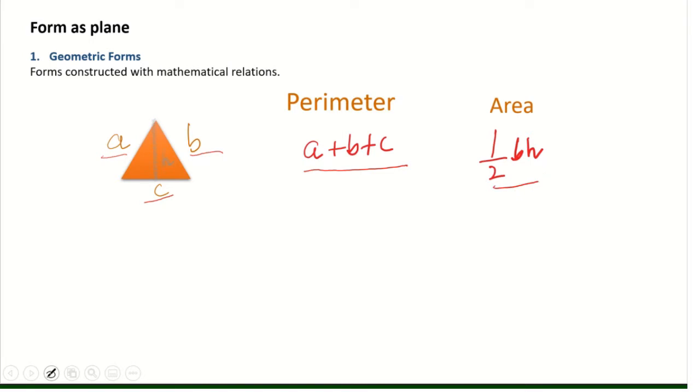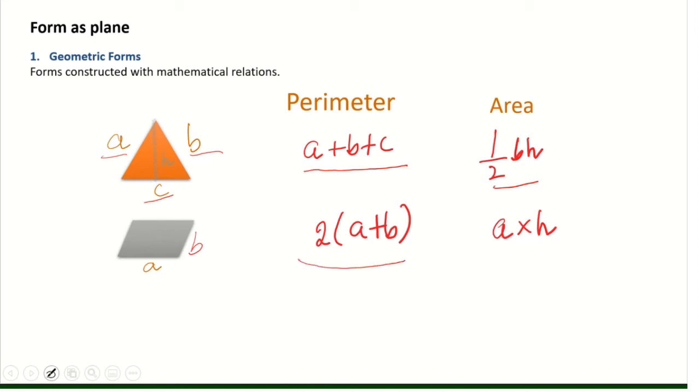In the same way, if you see another geometric form, a parallelogram which has sides of length a and b, then the perimeter would be 2 into (a plus b), and if h is the height, then the area will be a into h.